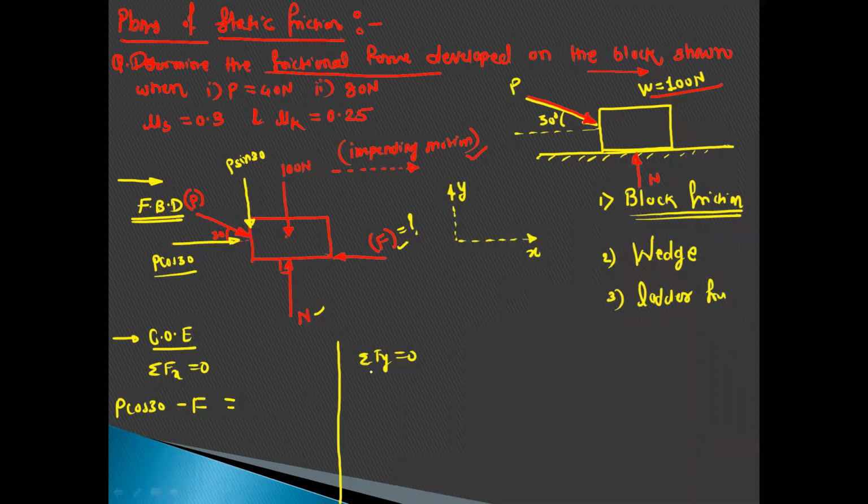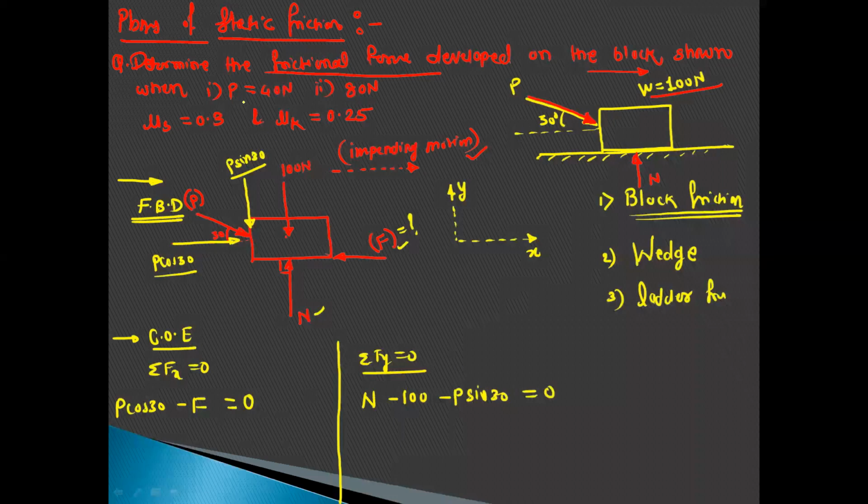Then use summation Fy. For summation Fy, the normal reaction is positive, 100 is negative so minus 100, and the y component P sin 30 is also negative. This is equal to 0.